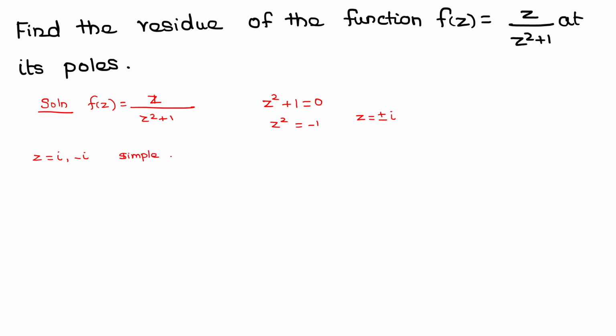Next, we are going to find the residue at a simple pole. Residue of f of z at z equal to a is equal to limit z tends to a, (z minus a) into f of z. This is the formula.